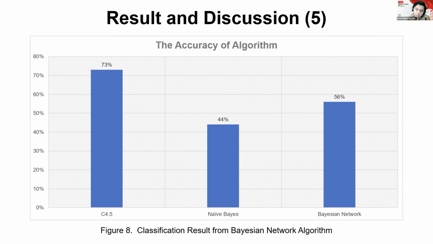Then the Bayesian network algorithm had an accuracy of 56% with an average true positive rate of 0.561, and the last algorithm, naive Bayes, with 44% accuracy and an average true positive rate of only 0.441.